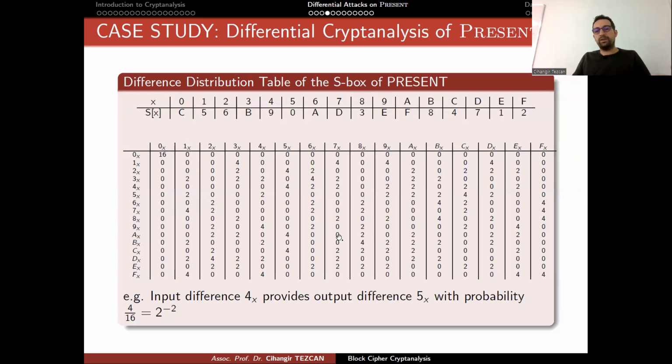Our aim as designers is to have low values here, so as to reduce the probability. I already said that these values have to be even, and I'm also saying that we want them to be low. In the best scenario, you would only see 2s and 0s. This would make the differential uniformity 2. You might ask, why doesn't PRESENT use a DDT which has differential uniformity 2?